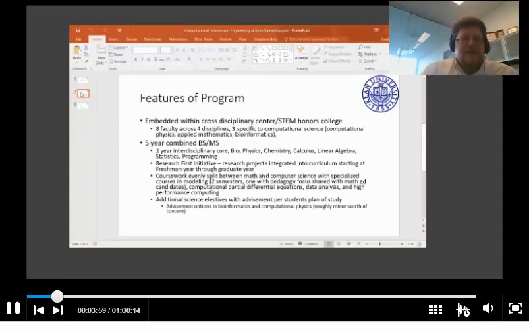The students take additional science electives with advisement, basically thinking about what they want to do, what is their computational X. Some students just do a grab bag of a little science here, a little math here, a little more computer science. Others really try to focus in on a specific area.